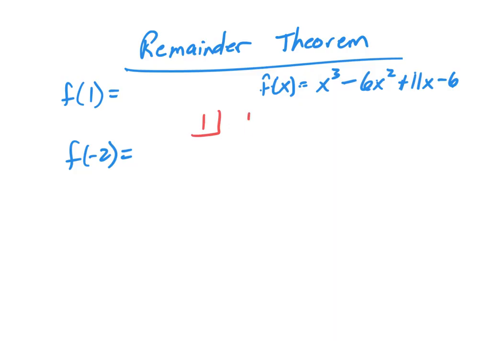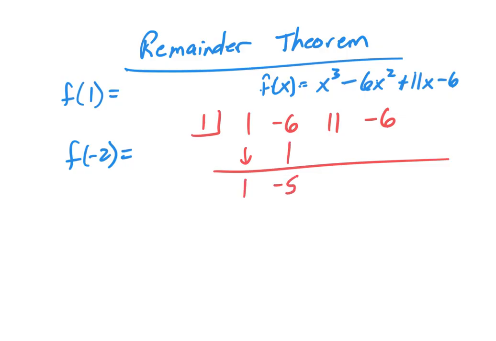My coefficients here, everything's included: 3, 2, 1, 0. So everything is part that we want. And when I go through, I get a remainder of 0.